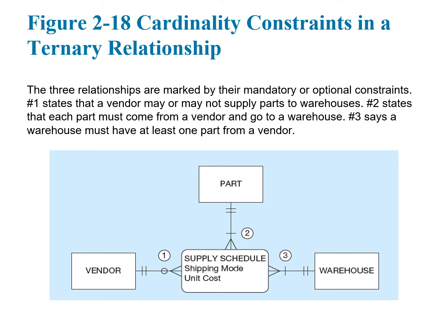It is recommended that a ternary relationship with attribute be converted into an associative entity. Although figure 2-12c works to depict the general ternary relationship, it is insufficient for depicting the mandatory or optional cardinality as we see here. So there are vendor, part, and warehouse, supply schedule, shipping mode, and unit cost.